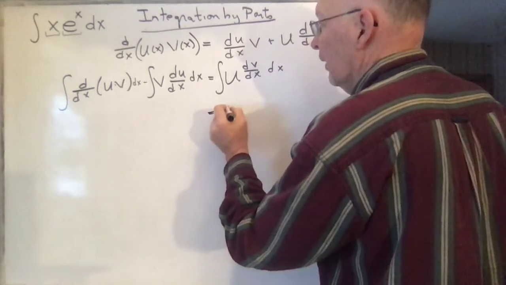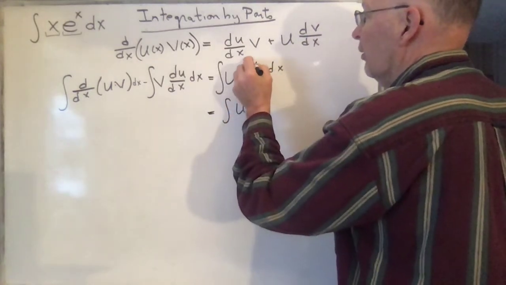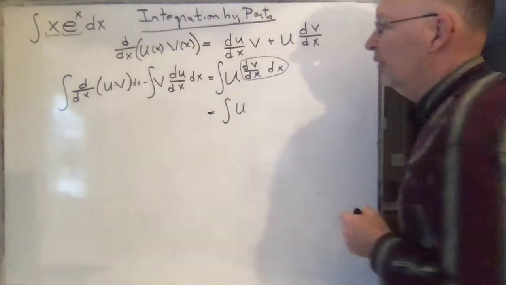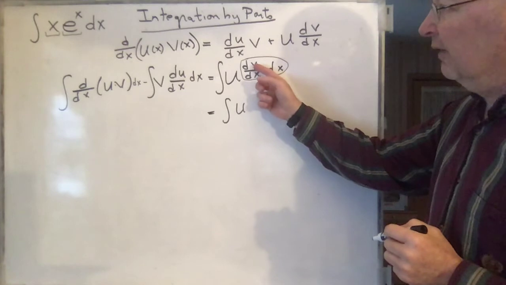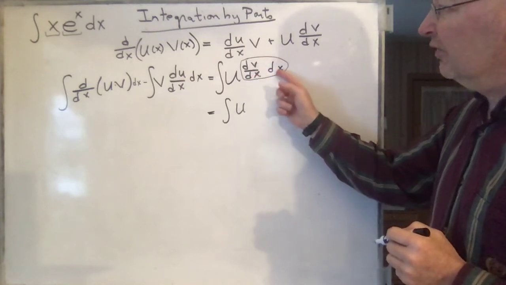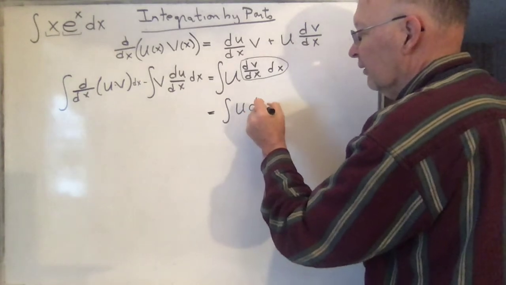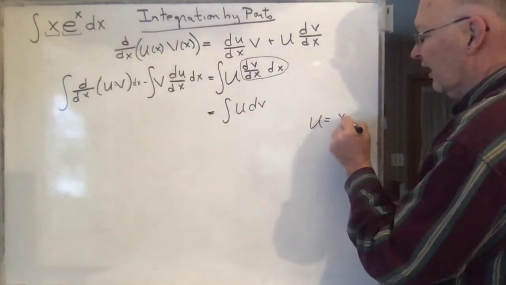So here I'm going to write this as the antiderivative of u. Now you're used to this from doing substitution. I can think of taking the derivative of a function times the dx as just the differential dv right there. You're used to, here's u, and u is equal to x cubed.